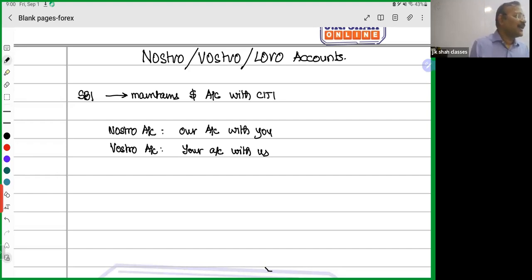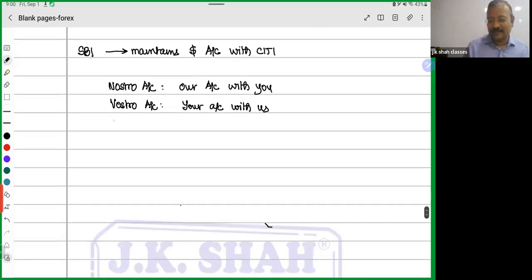Please pay that to us and debit their account with you. SBI's account with you. Instead of saying that, they would say Loro account. Understand, all the three terms still are referring to that same SBI account which is with Citibank.